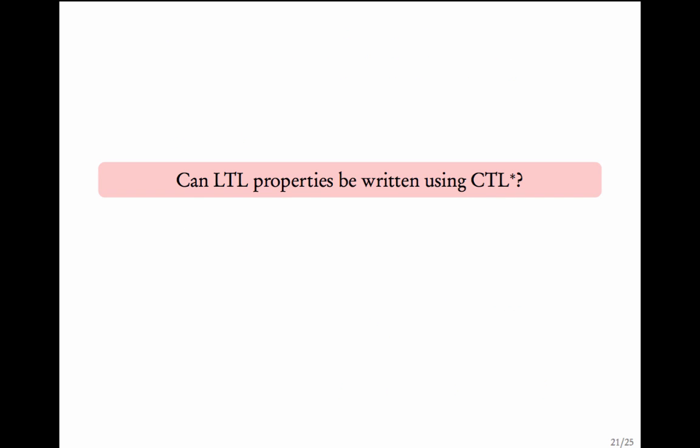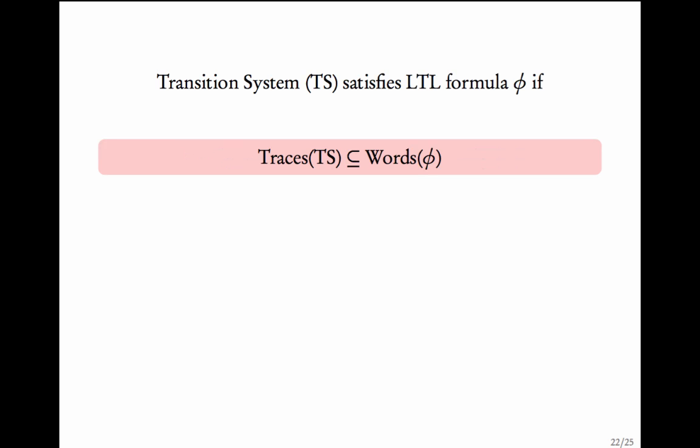Let's now ask a different question. We saw property specification using LTL. Now we are seeing property specification using CTL star. Can the properties which can be expressed using LTL be written using CTL star? Let us see.